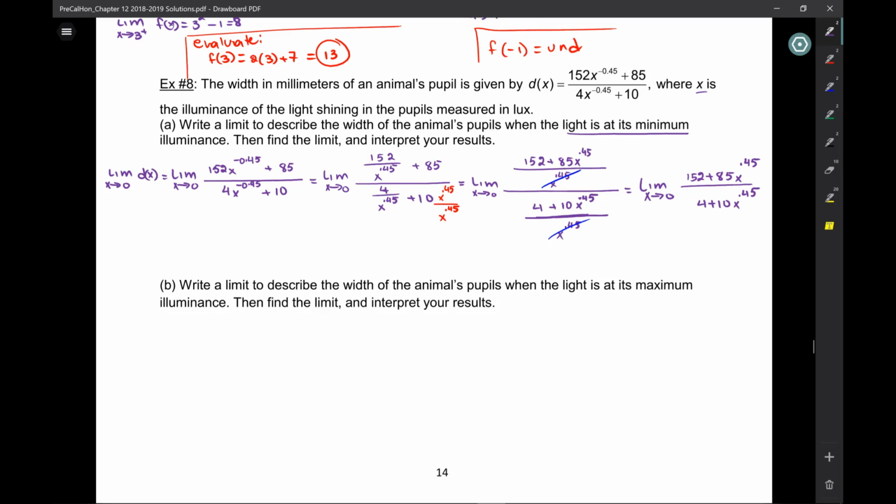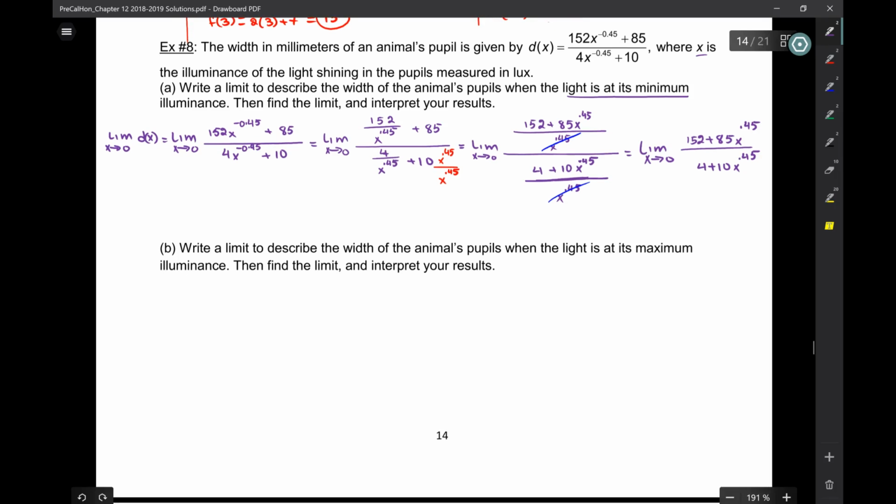I would have gotten 152 over 0, and I didn't want that. Even this is X to the negative, so it would have been 0 to the negative 0.45, which is 1 over 0. So using direct substitution, this is 152 over 4, which is 38 millimeters.